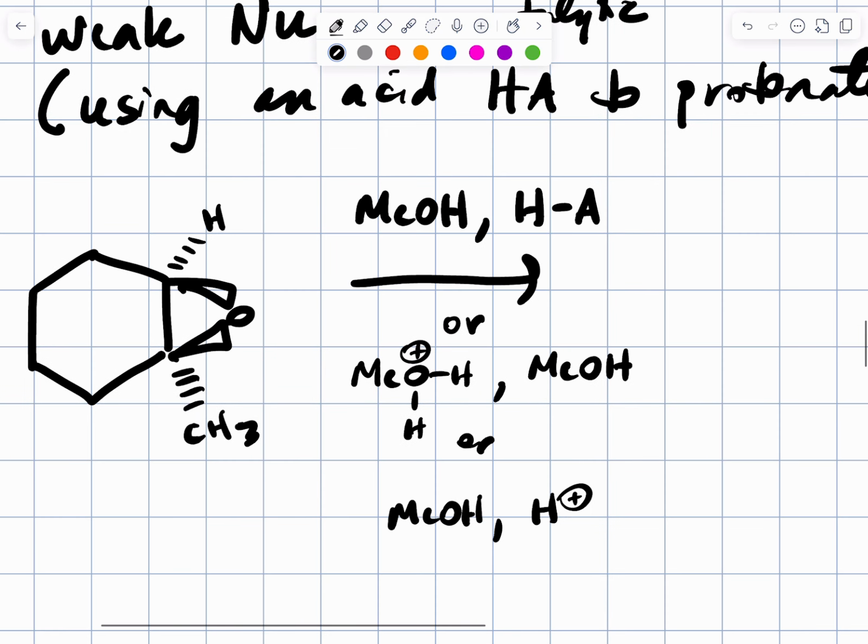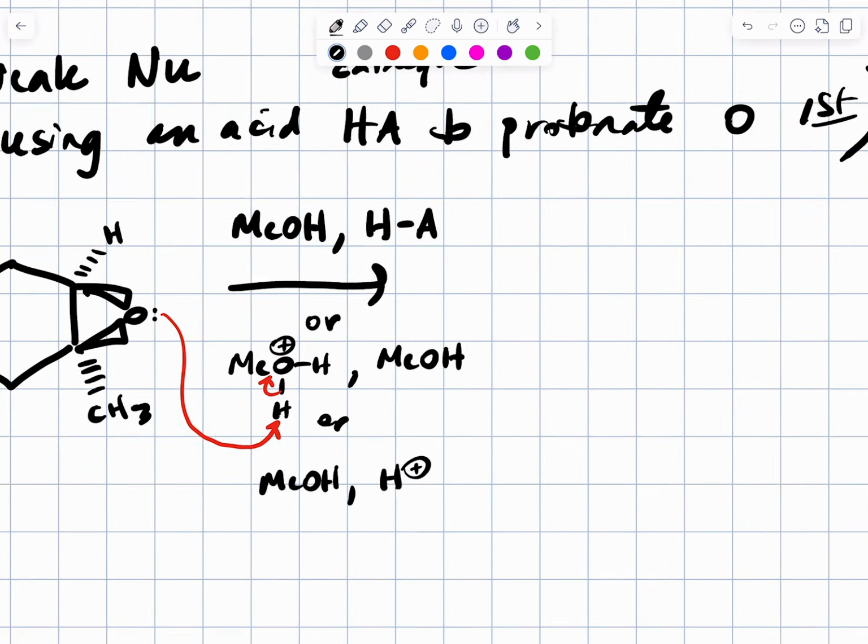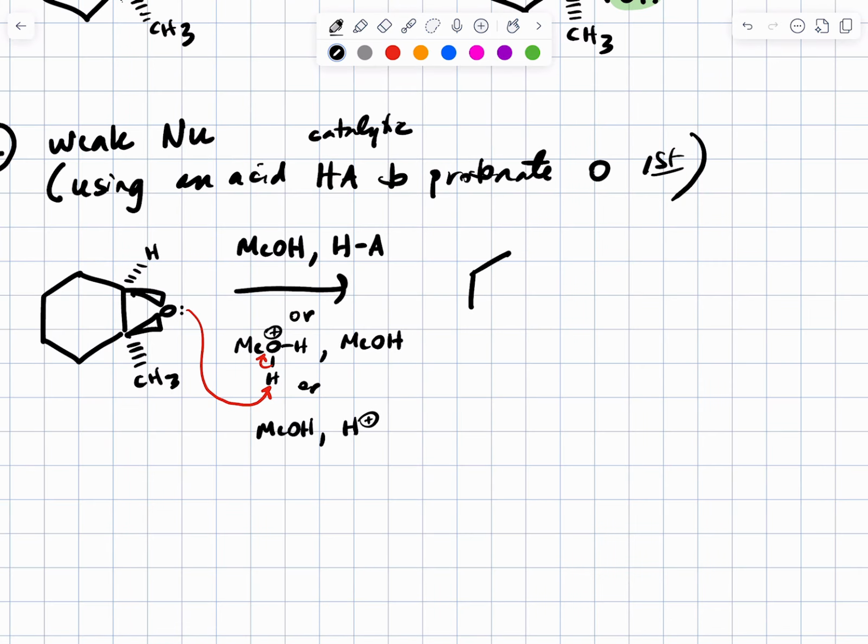Okay, so when you add the acid, the first thing that happens is the oxygen of the epoxide picks up a proton. And you get this oxonium ion, where now the epoxide oxygen is an even better leaving group because it could leave as a neutral ROH group.